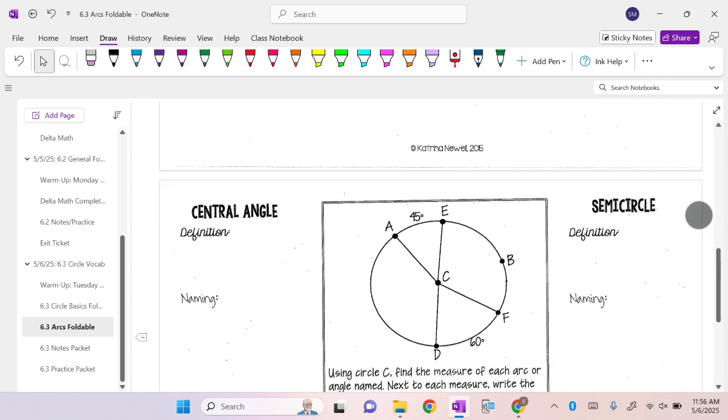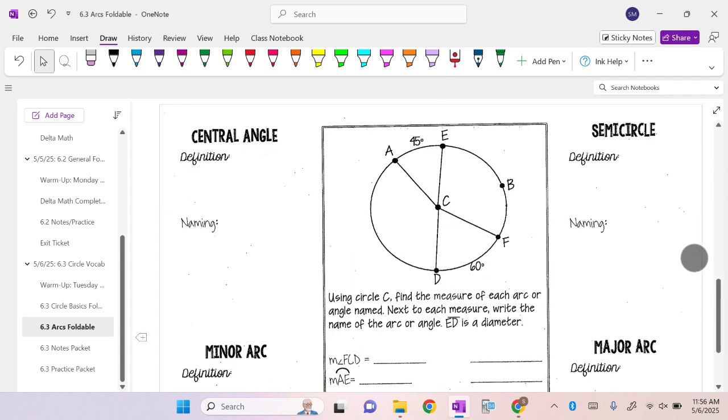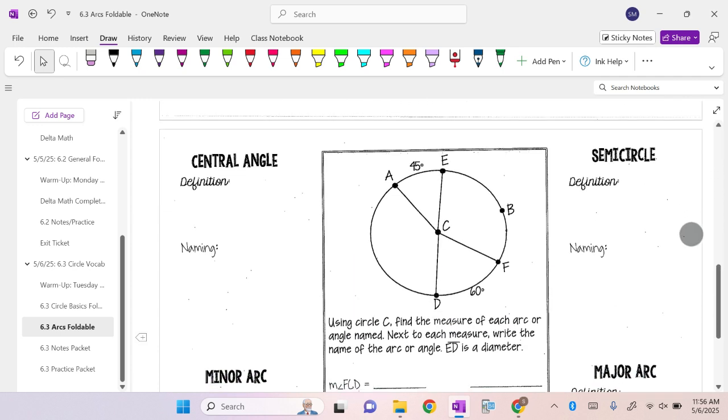So I'm going to look at central angle first. Before I even talk about all these different angles and central angle and minor arcs and major arcs, what is an arc? Can someone tell me what an arc is? What's the difference between an angle and an arc?